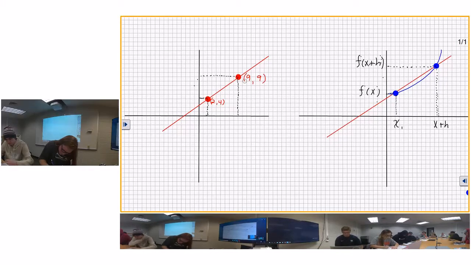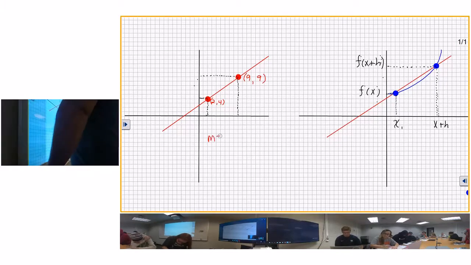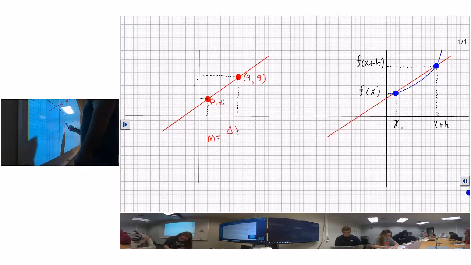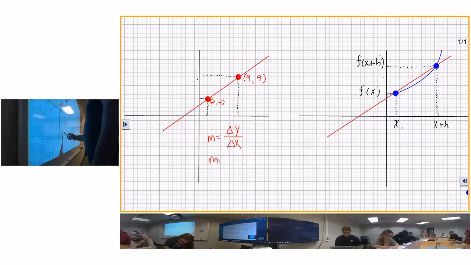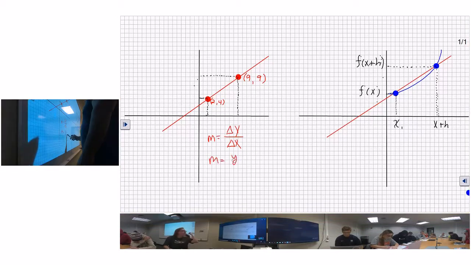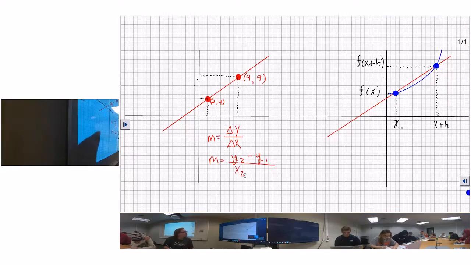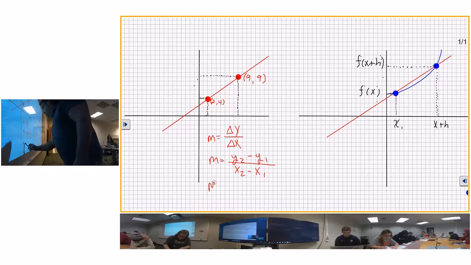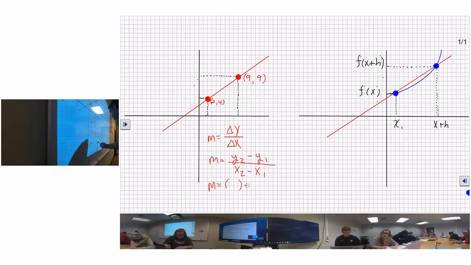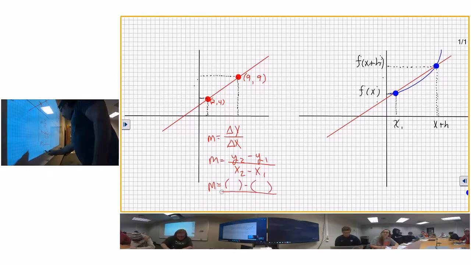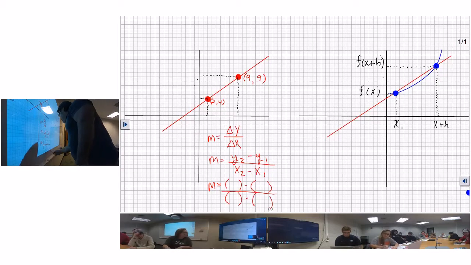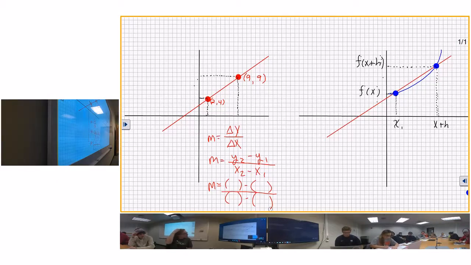So m is equal to delta y over delta x, which is y sub 2 minus y sub 1 over x sub 2 minus x sub 1, which is parentheses minus parentheses over parentheses minus parentheses. Which way do we read?